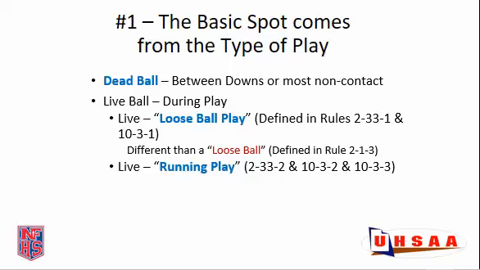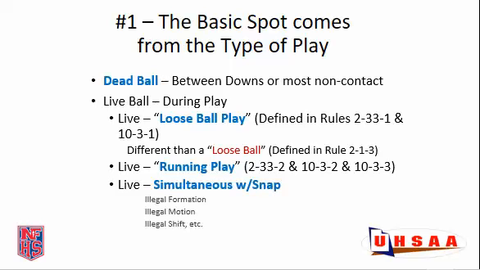This is the simple difference between a loose ball play and a running play. However, please note, read the difference in the rule book of a loose ball and a loose ball play. The fourth category are fouls simultaneous with the snap, like illegal formation, motion, shift, etc. These are treated as if they're loose ball plays.